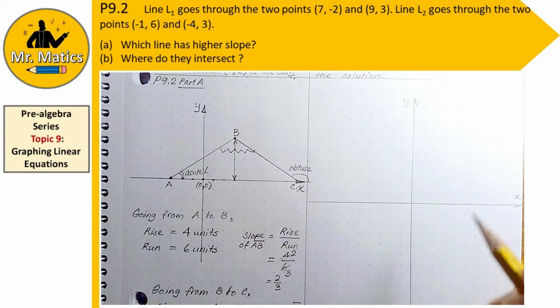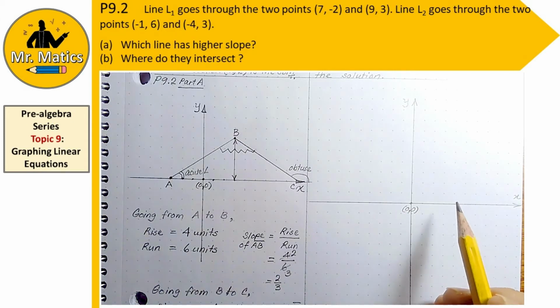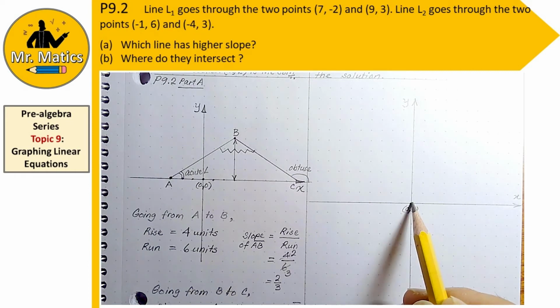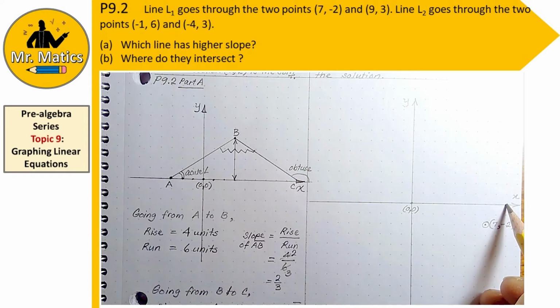So let's locate that. Again, this is your origin 0 0. So 7 comma minus 2 will be 1 2 3 4 5 6 7. It's 2 directions, so this is 7 comma minus 2. And 9 comma 3 would be, this would be 9, and then 3 will be in the upward direction, 1, 2 and 3.